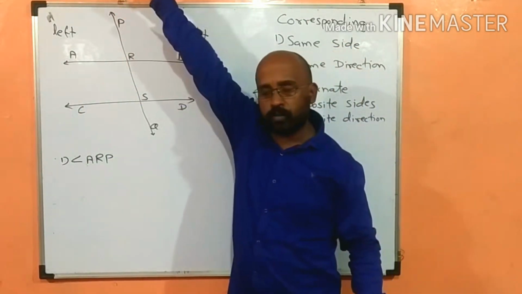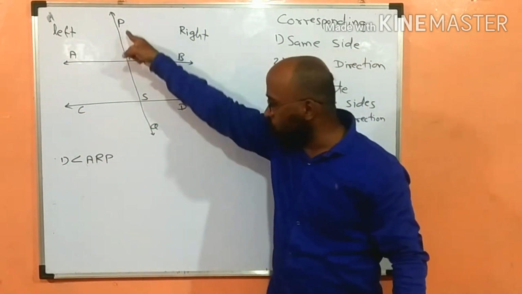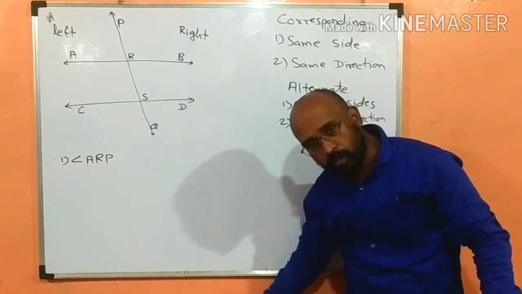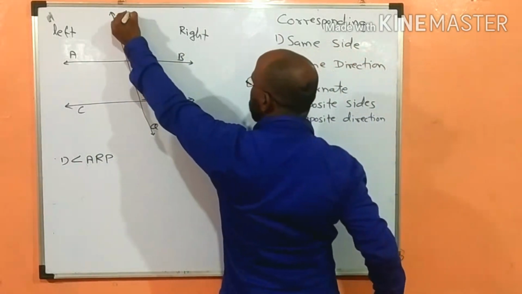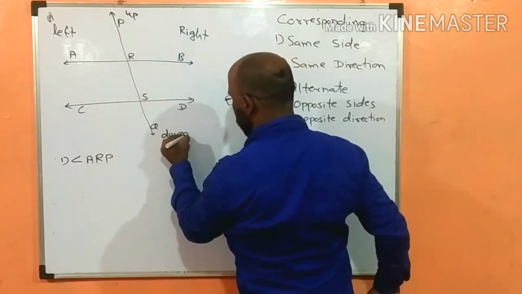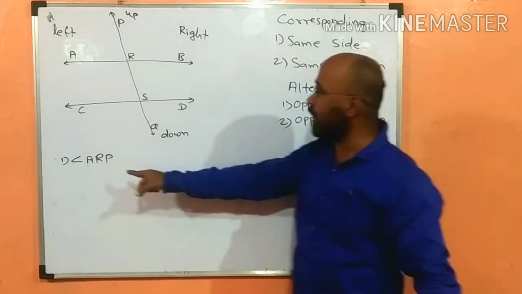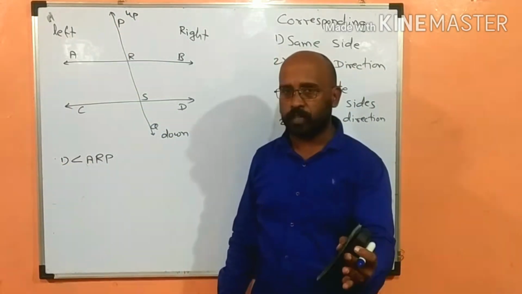One arrow is going towards up, means we can increase it towards the upper direction, and one arrow is going towards down, means we can increase it towards down. So it has two directions, up and down. Clear, students?